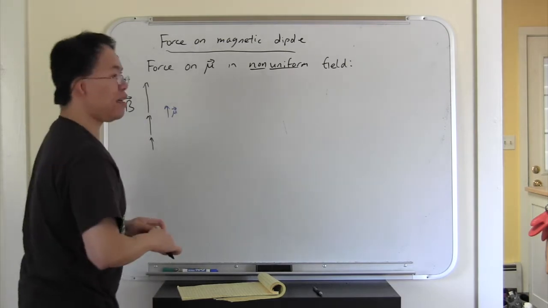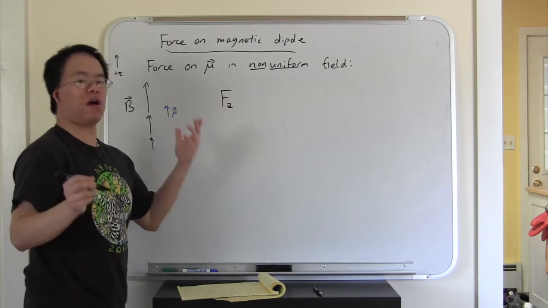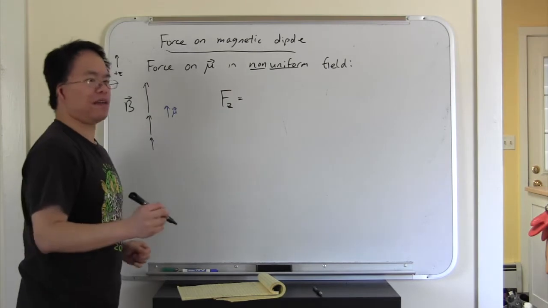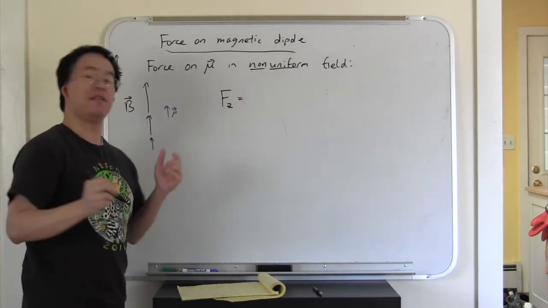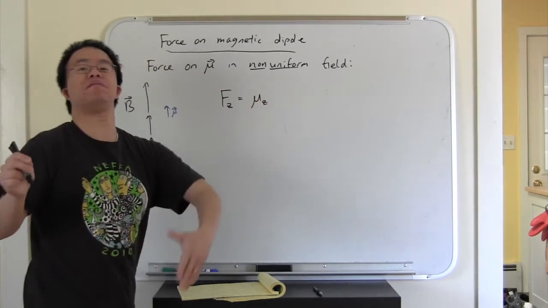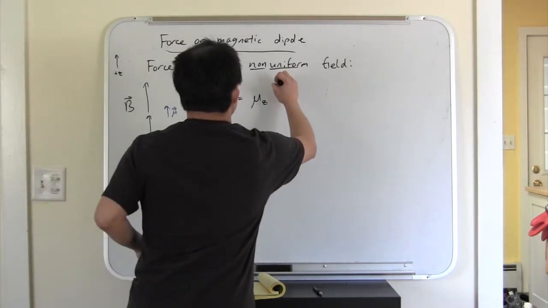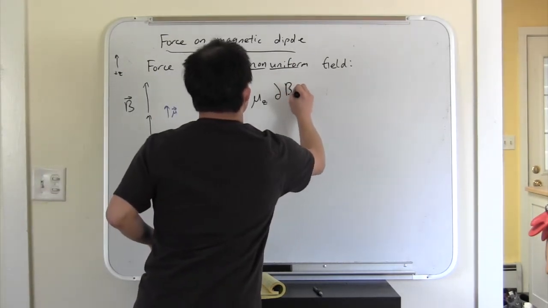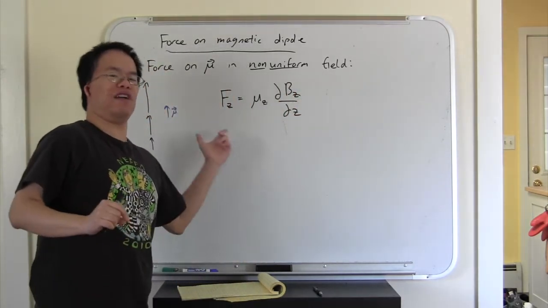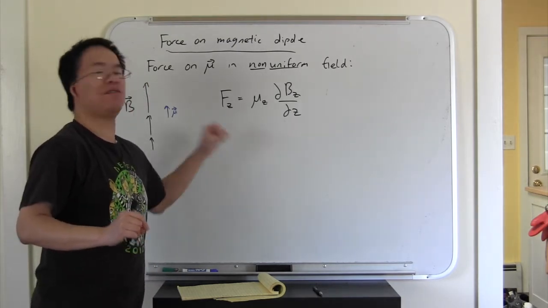And that force goes like this: the z component of the force on the dipole goes like the z component of the magnetic dipole moment times the derivative of the z component of the field with respect to z. In advanced E&M, you'll generalize this using vector calculus, but this will suffice for now.